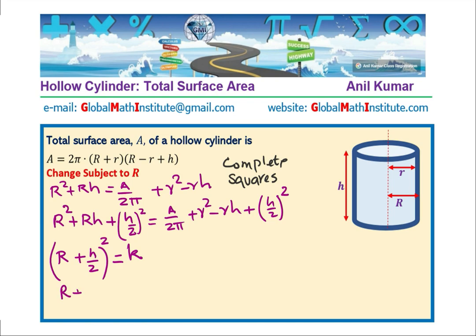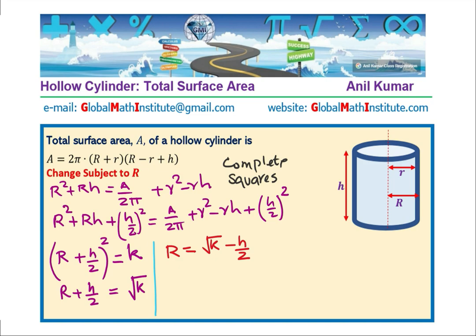So we have R plus h by 2 equals square root of k. Since all these dimensions are positive, we'll take the positive root. That helps us isolate R, which can now be written as square root of k minus h by 2. So that is how we could isolate R.